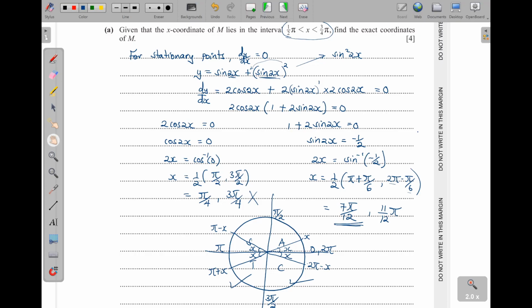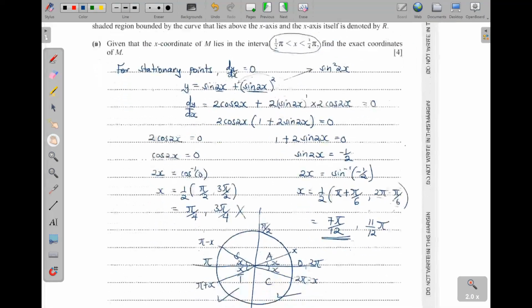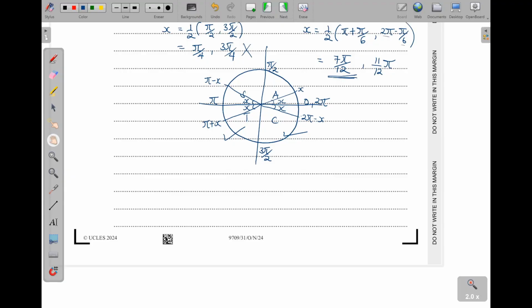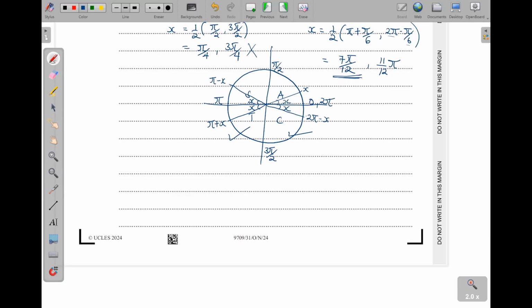Now we use that to find the y coordinate. So we can say for x, which is equal to 7 pi over 12, what will be now the y coordinate?